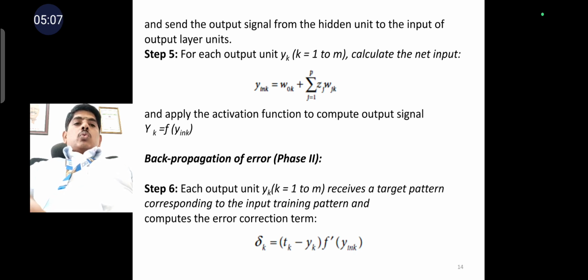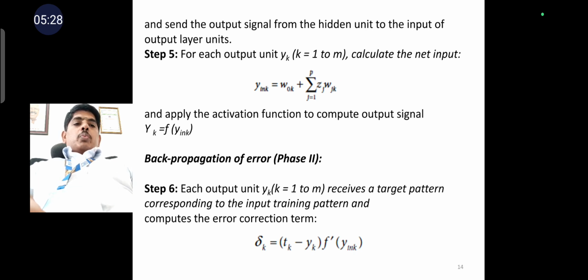Now the output neurons have their output, and the output is checked against the target value. If there is any deviation, then I have to update the weights between the output neuron and hidden neuron, and between the hidden neuron and input neuron, using these formulas.